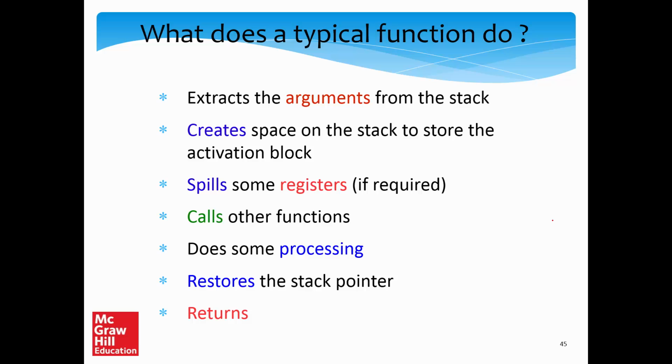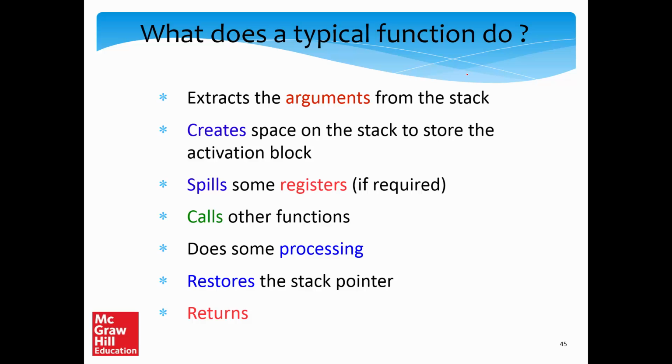Alright. So what does a typical function in x86 do? It needs to do similar things. We have discussed everything about functions in chapter 3. The idea is that before calling a function, we need to put all the arguments on the stack or in registers. Once a function begins, it extracts the arguments from the stack.